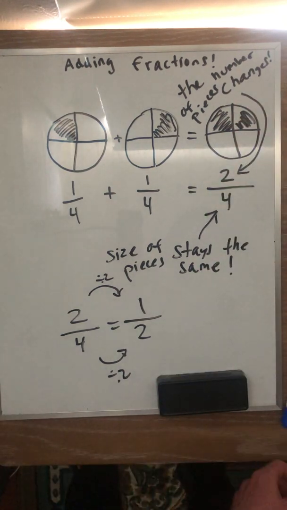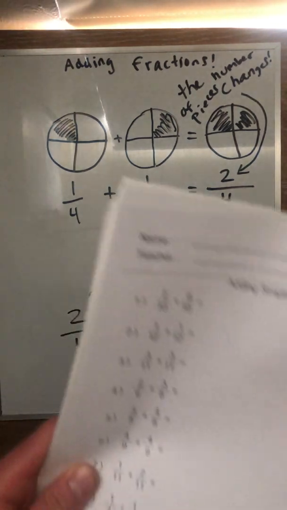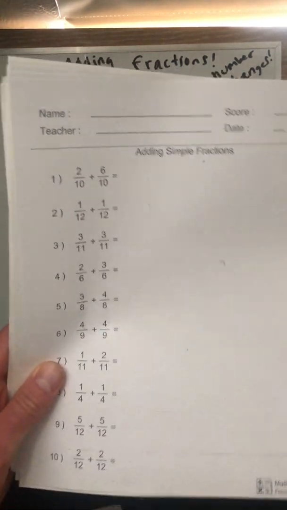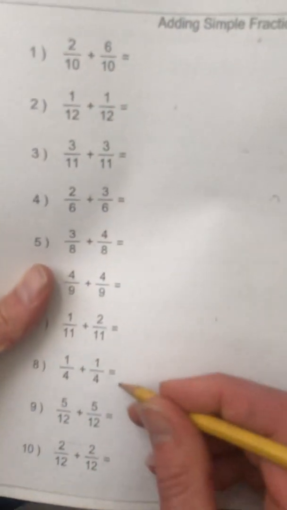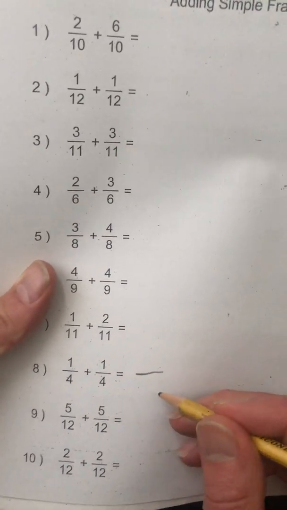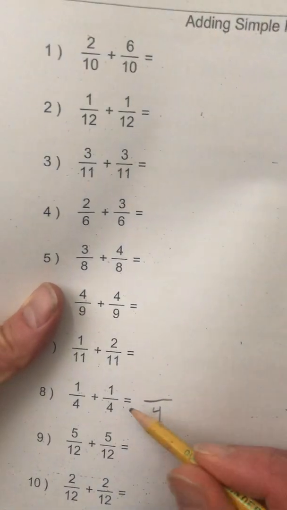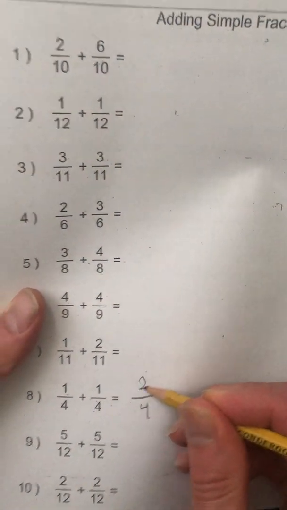So this is kind of like my challenge to you. If you're thinking like, Daniel, it's hard enough for me just to add these up, just do that. But if you think you can simplify a few, then try it out. So you'd write 1/4 plus 1/4 equals, okay, well, I know the pieces stay the same size, so it's still fourths. And now I have, but I used to have 1/4, and I have 2/4, so I write 2 up here.